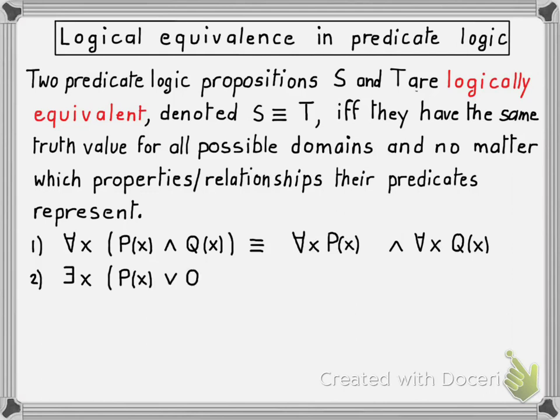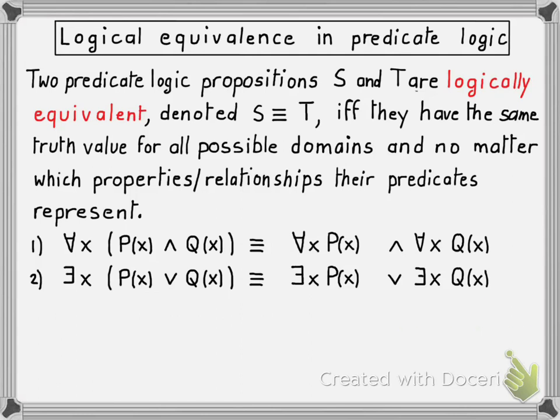For this second example of a logical equivalence in predicate logic, the proof is similar, and I'm just going to state it much faster. Again, we're going to argue that for any domain and for any interpretation of the predicates p and q, the truth value for this proposition must always be the same as the truth value for this one.